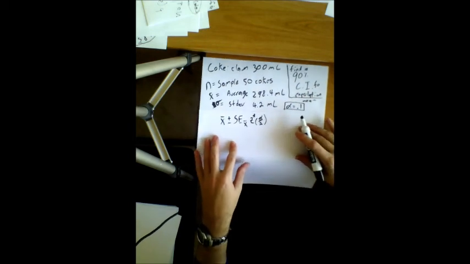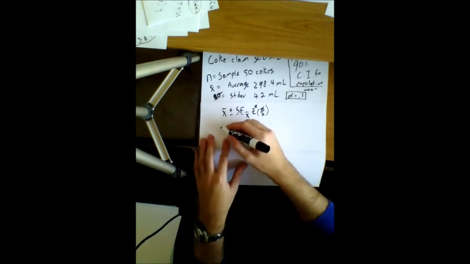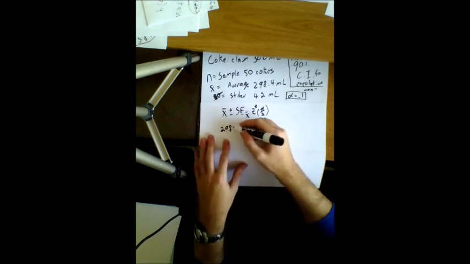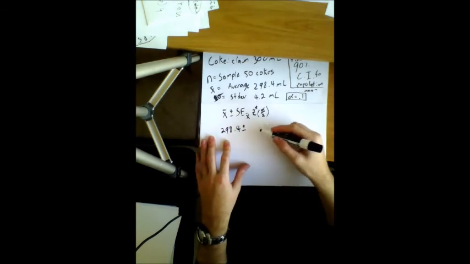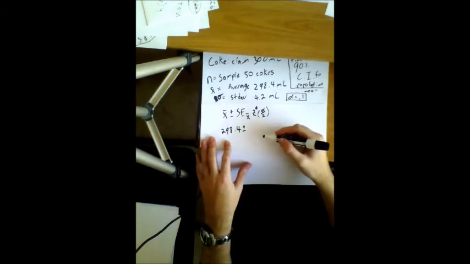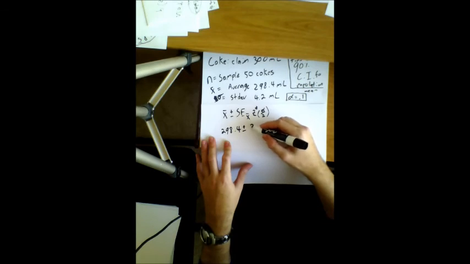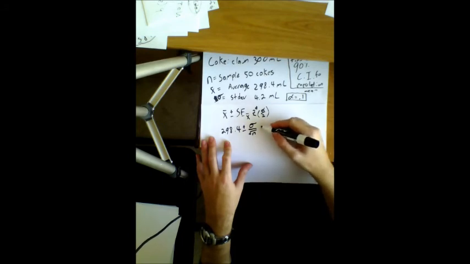Okay, so filling this stuff in. X bar is 298.4, plus or minus the standard error of x bar. Well, keep in mind that that's really sigma divided by the square root of n. And let's fill this in. Z star alpha over 2.